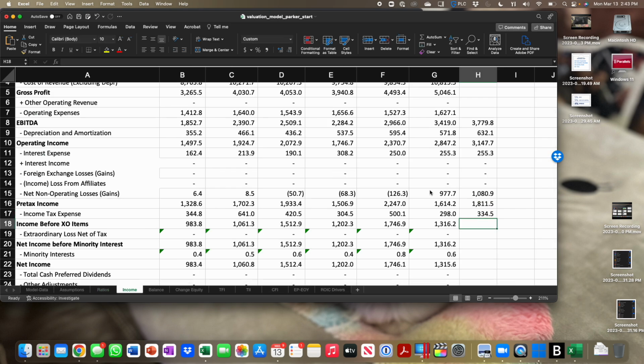Ratio is H10. So they would pay 334.5 in taxes. Okay. Income before extraordinary items equals pre-tax income, H16 minus taxes, H17, 1477 of pre-tax income.